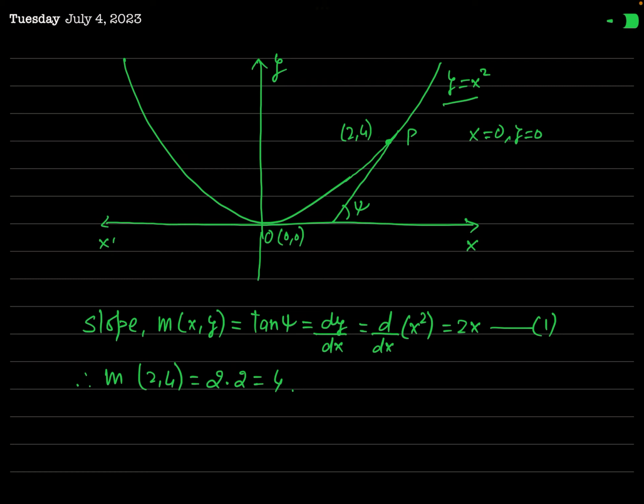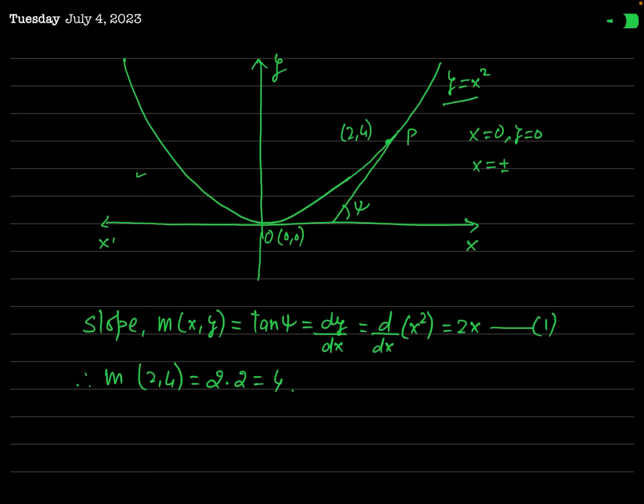So this curve will definitely pass through the origin. And for both plus and minus values of x, y is positive, so definitely this curve will lie in the first and second quadrant, as you can see in this figure.